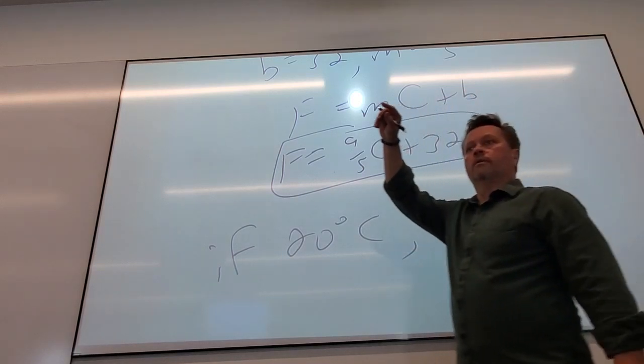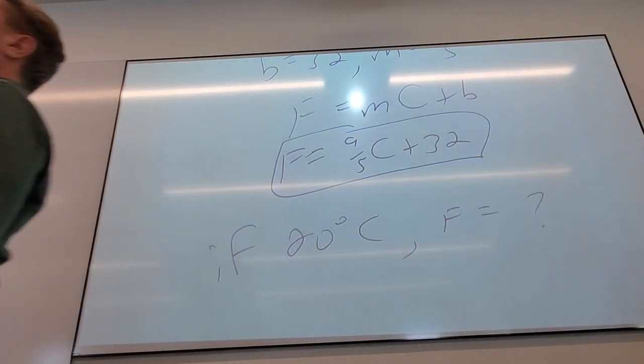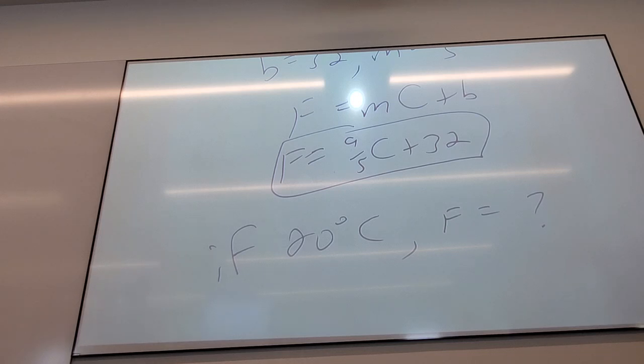So you said 20 degrees Celsius, and then cross out 5. Put a 20 in C. 20 divided by 5 is 4. And then 9 times 4 is 36. Plus 32 is 68. I like it. So now, if I tell you Celsius, you can tell me the Fahrenheit just by plugging that in.